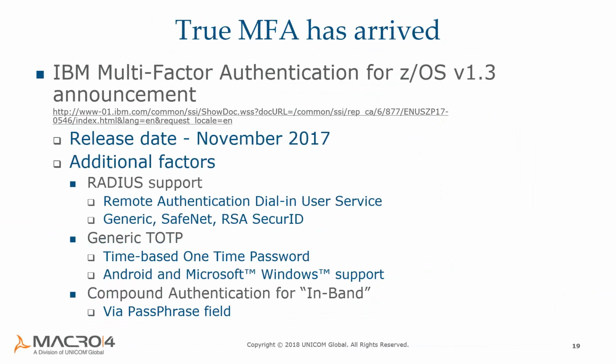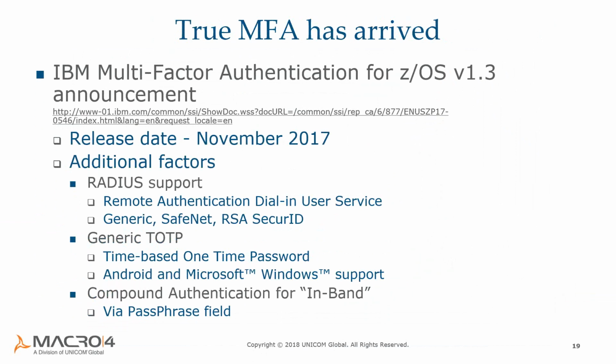So if all your authentication is through LDAP, now you can use LDAP to do your mainframe authentication as well. And the biggest thing that they added in 1.3 was compound authentication for the in-band process.